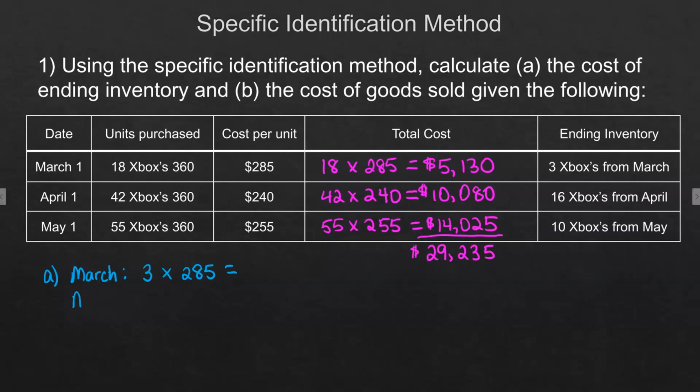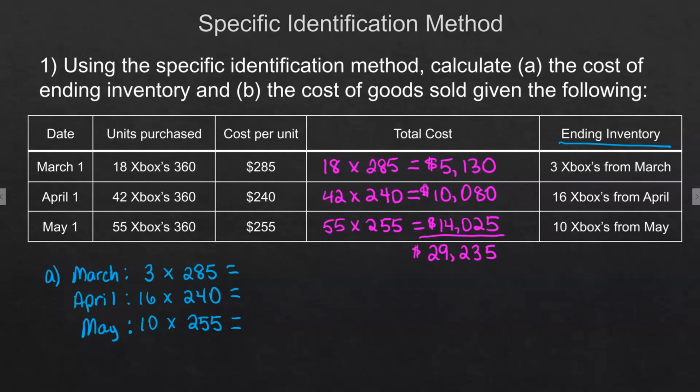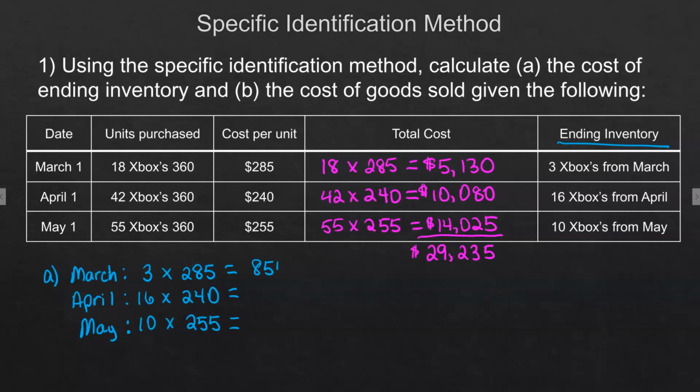And then for April, and this is what's left in the ending inventory, we have 16 for April at 240 each. And for May, we have 10 X boxes left. So that's 255. Okay, so 855, then 3,840, because we had 16 of those, remember, 2,550.